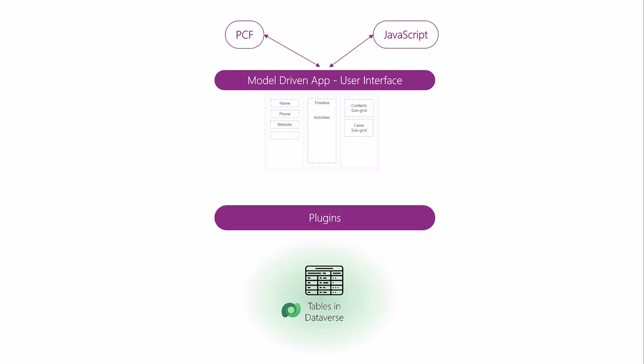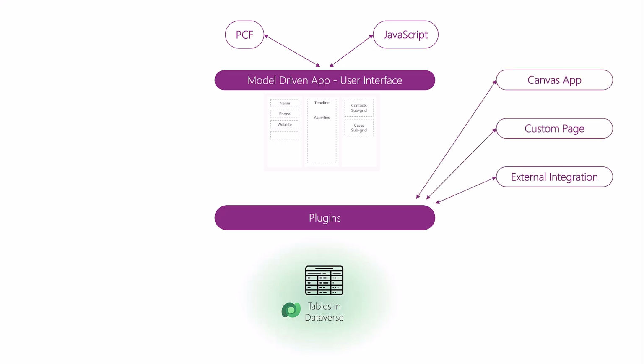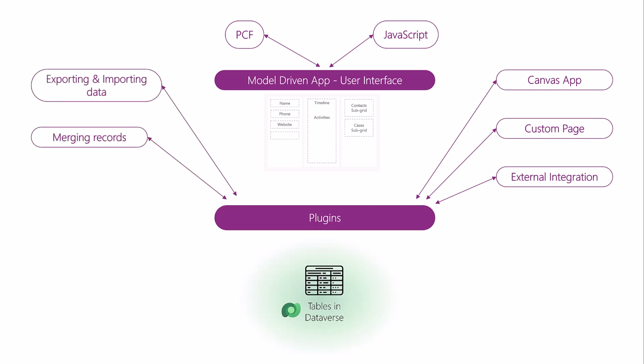But then say, for example, somebody has a Canvas app or a custom page, or even some external integration that's calling the web API directly, interacting with Dataverse using a web service. Or you may have users who are doing export to Excel and then imports from Excel, or just importing data in bulk.